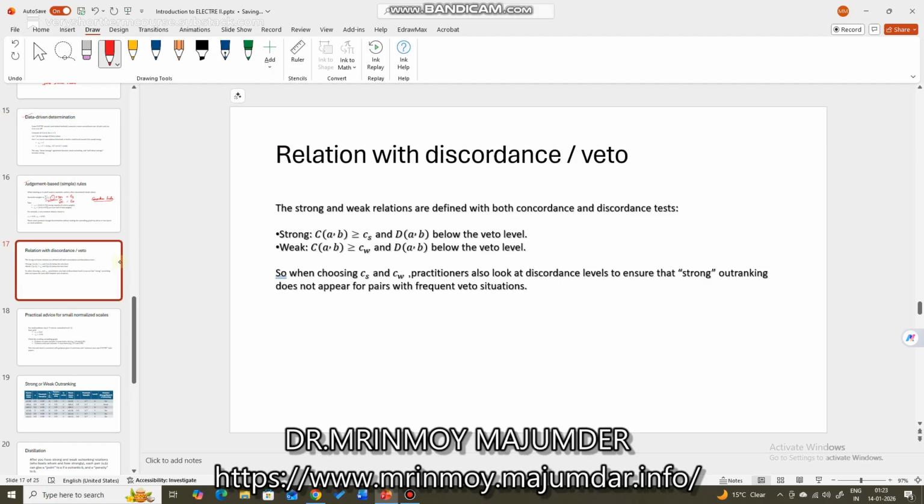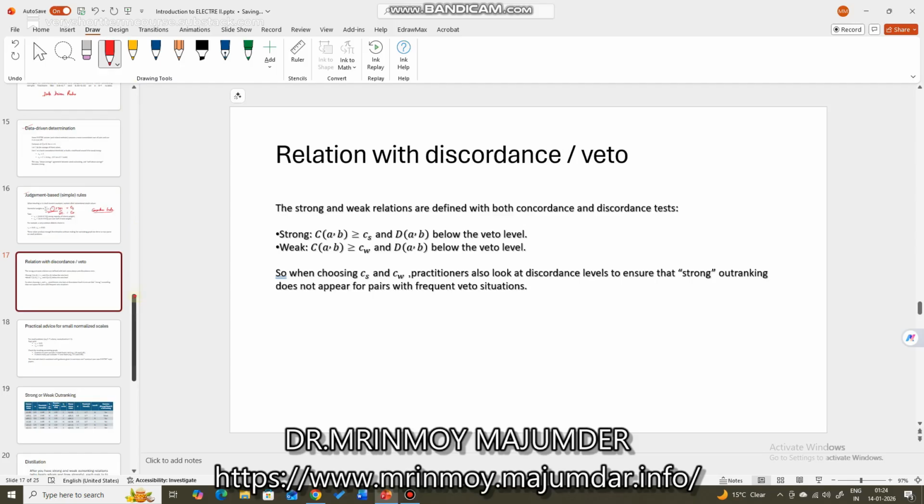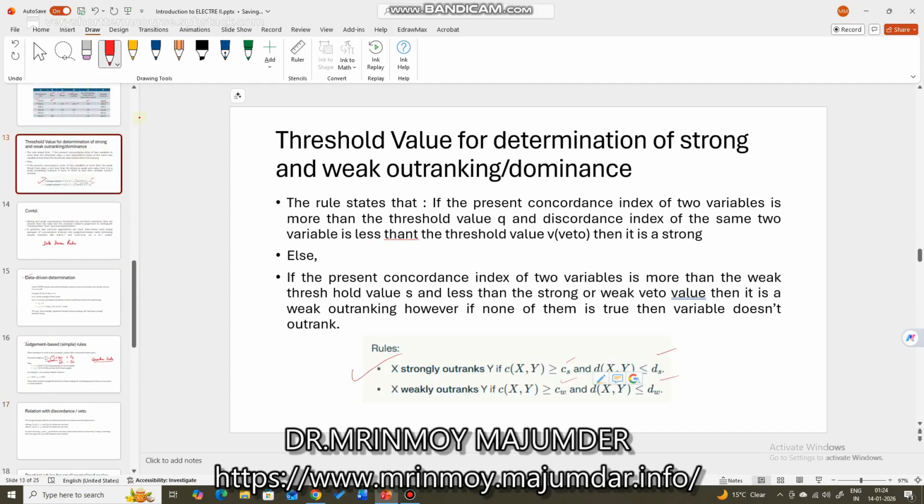So the rule, as you know, is already described here: for a strong outranking, your concordance index value must be greater than strong concordance, and not only that, your discordance index value should be less than the strong discordance value. So the strong outranking will be there between two alternatives.